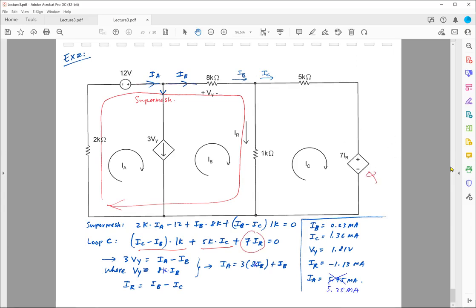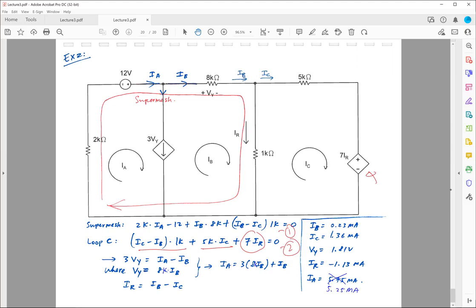This is the voltage source in a diamond shape, the dependent voltage source, and it's controlled by current IR. And where's IR? IR is the current flowing through this 1K ohm. So this is my equation 1, this is equation 2.